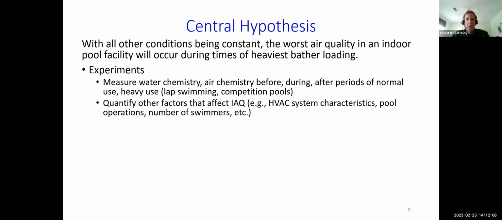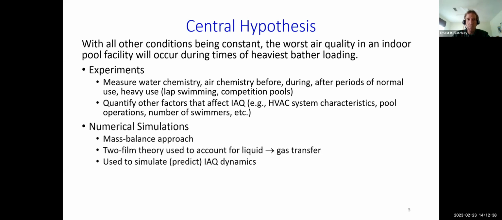We also measured a number of other factors that we believe have a role to play with respect to indoor air quality dynamics, including the characteristics and behavior of the HVAC systems, some attributes of pool operations, and the number of swimmers. Sometimes we also care about the number of people on the pool deck or in the bleachers. The bottom line is that we identified the factors that we believe are relevant with respect to these indoor air quality dynamics, and we quantified them.